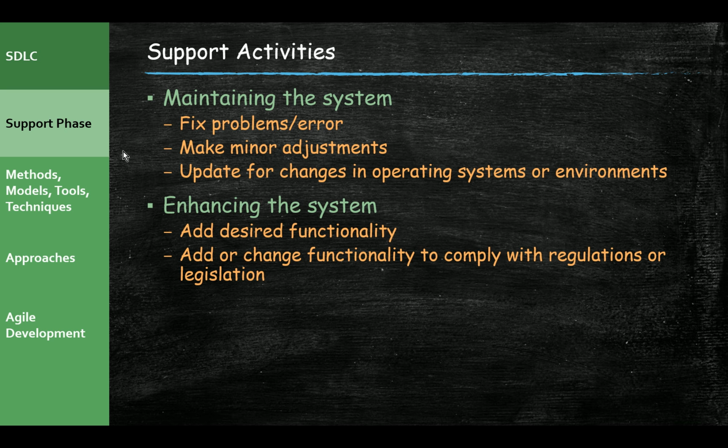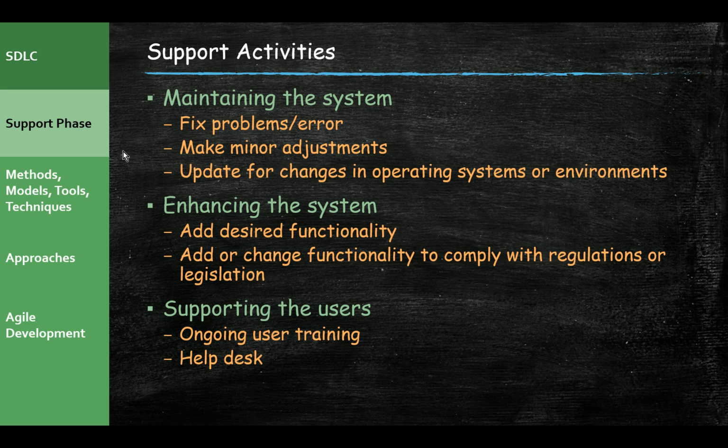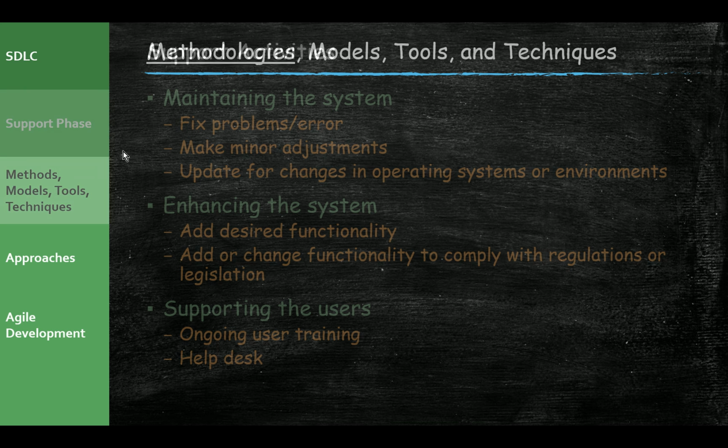Adding or changing functionality to comply with regulations or legislation. So things that we couldn't have planned for, but because all of a sudden some change in the regulatory environment requires us to make a change in the software. Supporting the users: ongoing user training and a help desk to help users when they're having issues would all be things we have to worry about in the support activities.